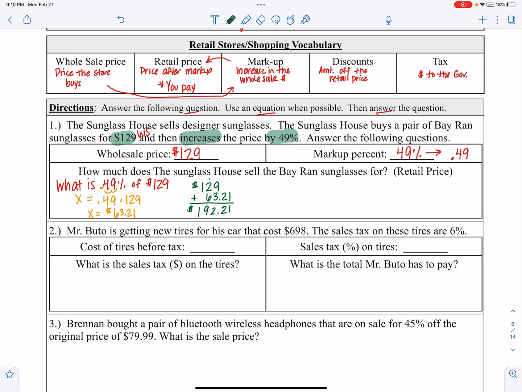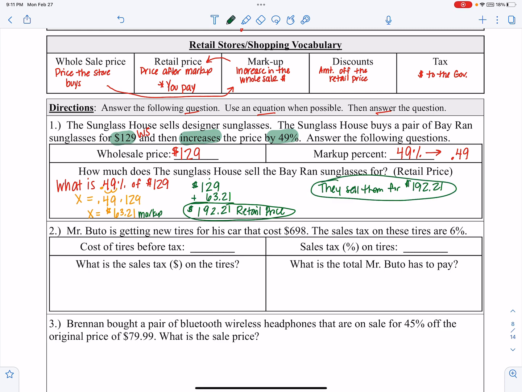So I'm going to put that this was my markup, and this is now my retail price, which is also my answer. So how much does the Sunglass House sell the Ray-Ban sunglasses for? They sell them for $192.21, and there's my answer.